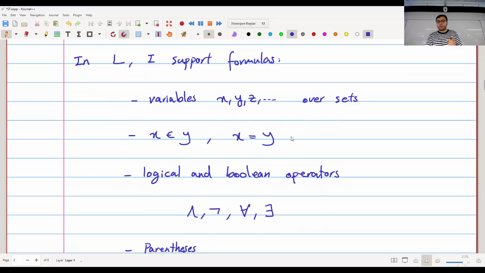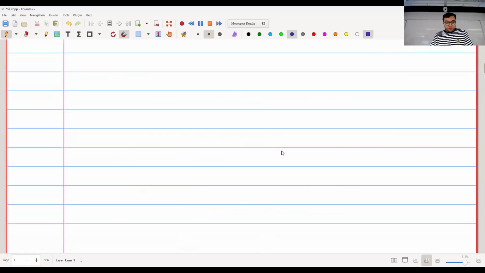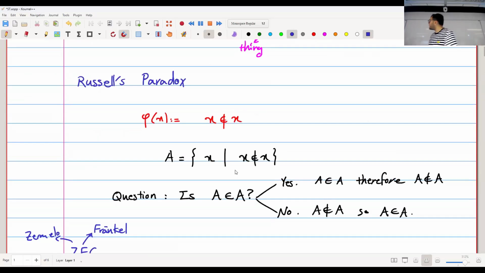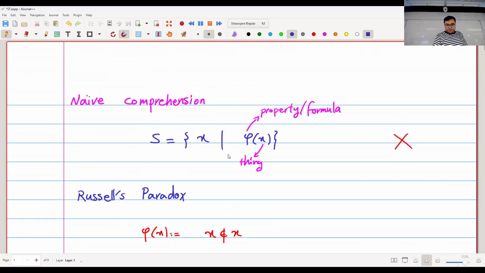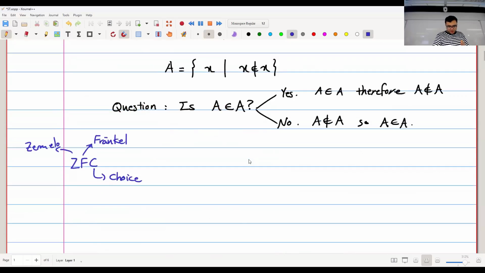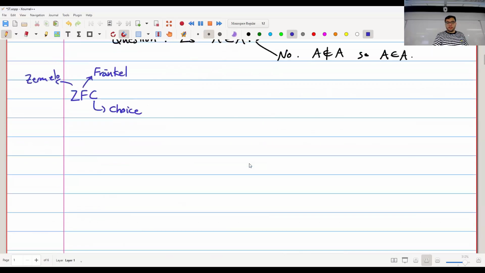Okay, I already have a language for writing properties, but this is not enough to avoid the paradoxes that I had here, because if you look at this property, X is not in X, this property can be written in my language L, right? So if I just allow this kind of axiom, if I say that for every property that can be written in my language L, there is a set S of all the X's that satisfy that property, I will have the exact same paradox here.